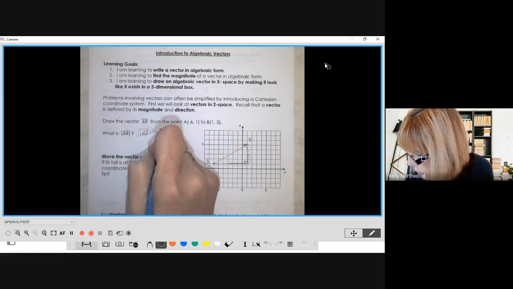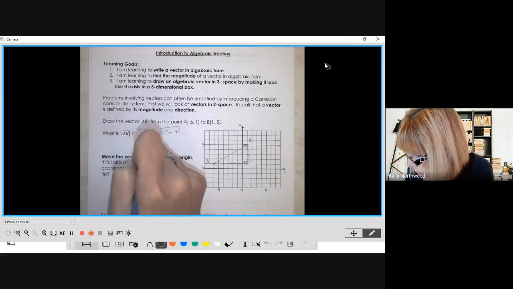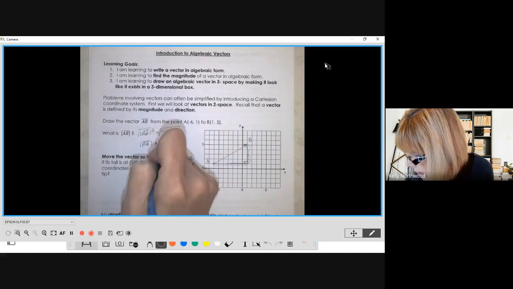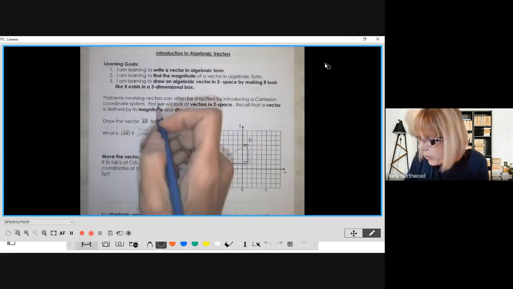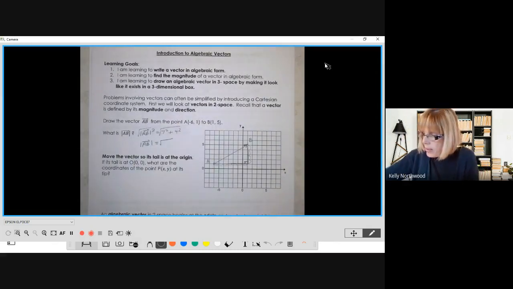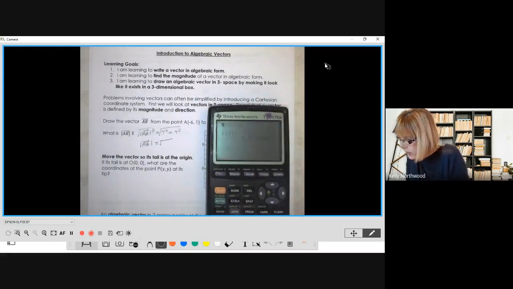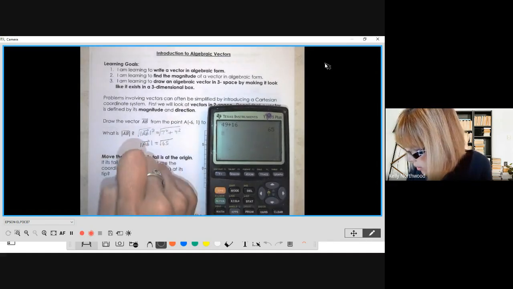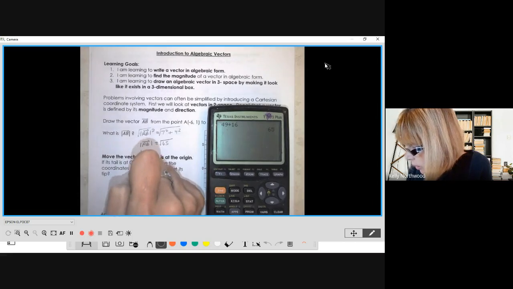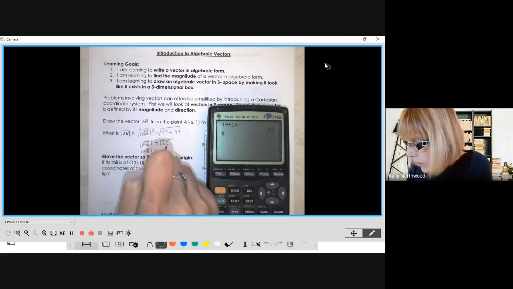So I square root both sides. The magnitude of vector AB is going to be the square root of 7 squared plus 4 squared. Exactly, it's the square root of 49 plus 16, which is 65. So that's exact, and in algebraic vectors, we'll be doing things exact for the most part.